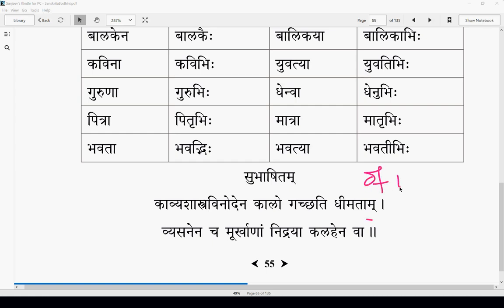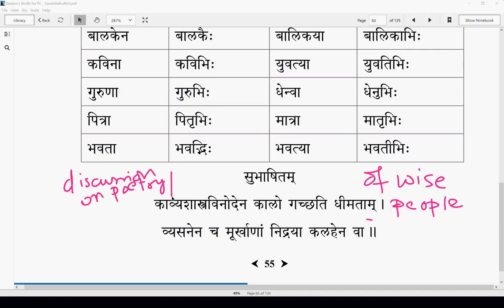Dhimatam means of wise people. So discussion on poetry or art, you can say, overall art or science.